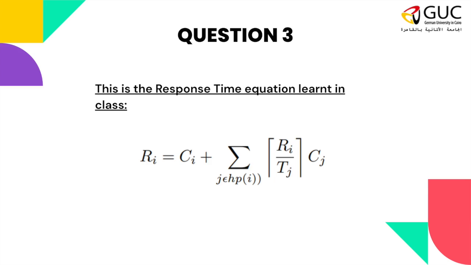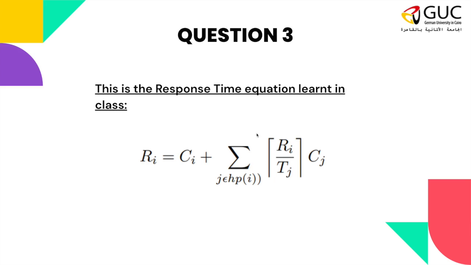Okay, so I is the task, maybe task A, maybe task B, maybe task C, and R of I is equal to the computation time of I, C of I. It's the execution time of task I plus the summation over J belonging to HP of I. So we have a set of other tasks called HP of I, and we are trying to calculate the summation of something related to them.